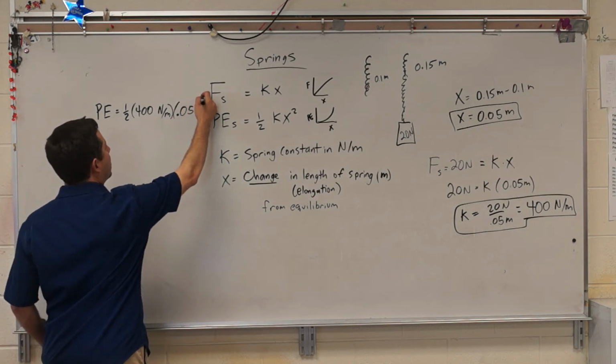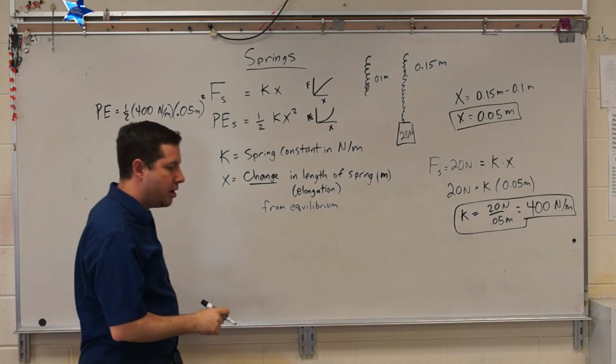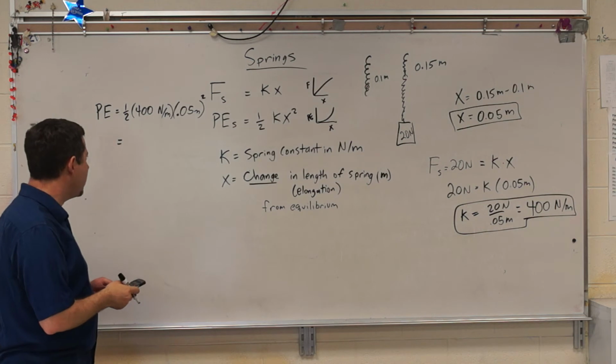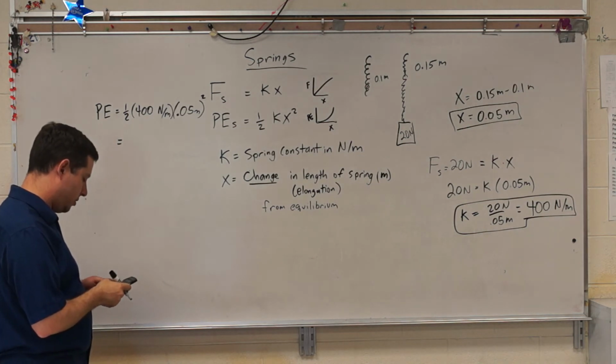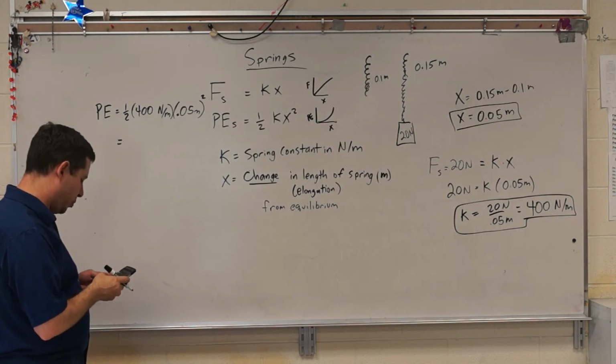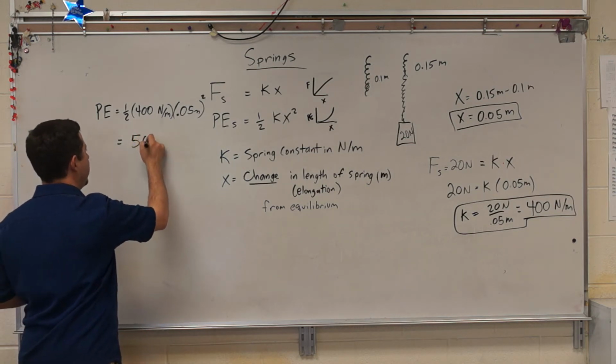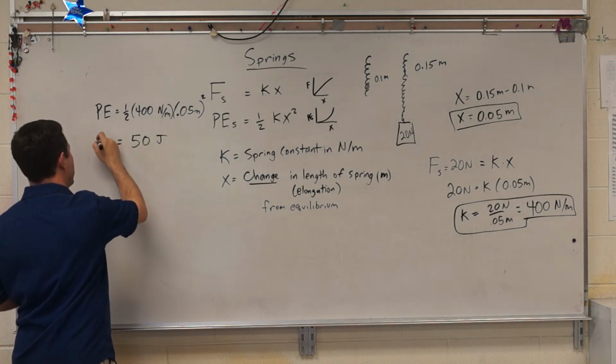And we got to make sure we square this. So you get 1/2 times 400 is 200. That's times 0.05 squared. So you end up getting a potential energy of 50 joules.